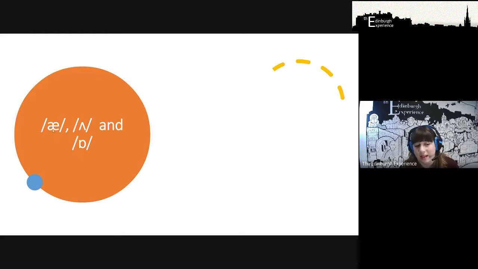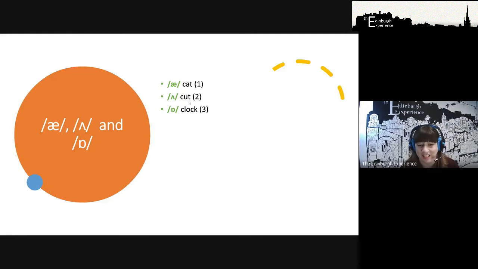So the sounds we're looking at, first of all, are a, and o. Okay? Right? So the first one here is the same sound that we have in cat. The second is the sound that we have in cut, and the o is the sound that you'll have in clock. Okay, right.